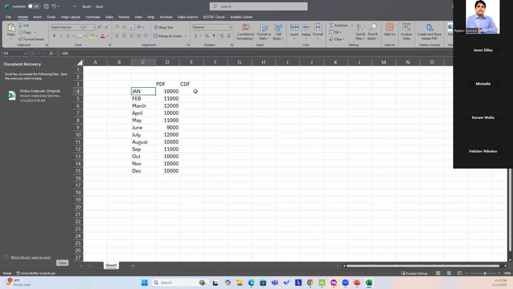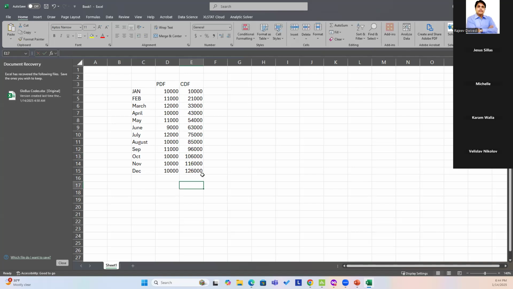So this is now cumulative. What would be here? First month 10,000, plus 11,000 is 21,000, plus 12,000 is 33,000, plus 10,000 is 43,000, plus 11,000 is 54,000, plus 9,000 is 63,000, plus 12,000 is 75,000, plus 10,000 is 85,000, plus 11,000 is 96,000, plus 10,000 is 106,000, 116,000, and 126,000.